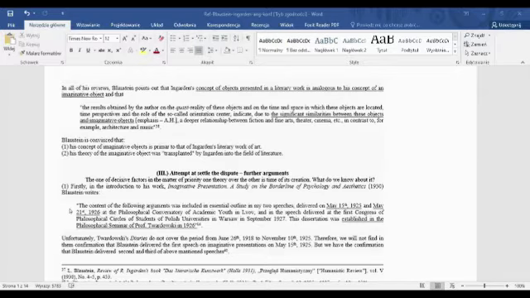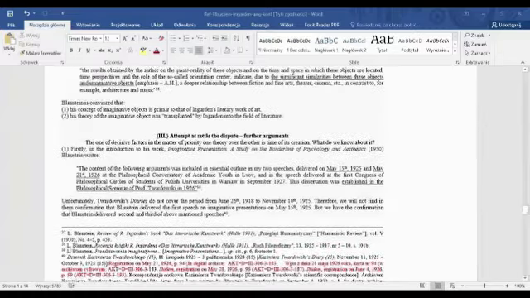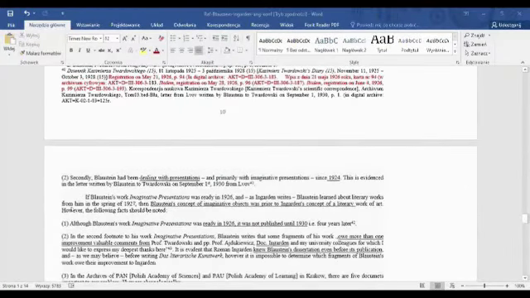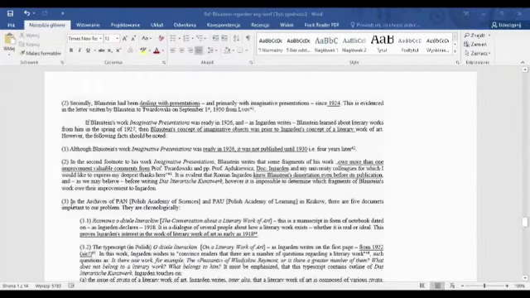But we have confirmation that Blaustein delivered the second and third of the above mentioned speeches, and it's in the diary of Kazimierz Twardowski. Secondly, Blaustein had been dealing with presentation and primarily with imaginative presentation since 1924. This is evidenced in the letter written by Blaustein to Twardowski on September the 1st, 1930 from Lvov.